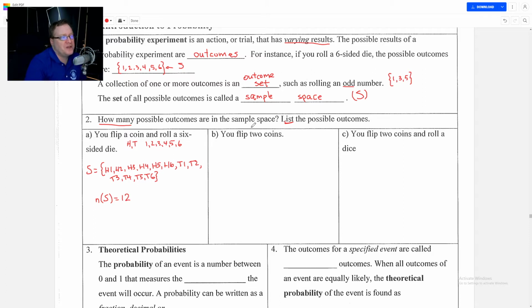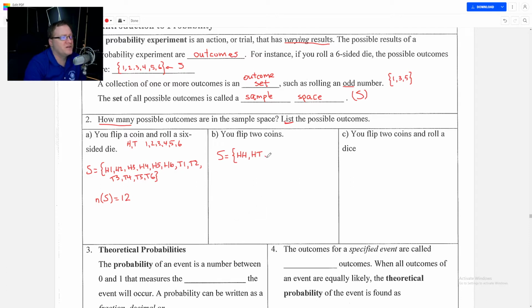Next, what if we flip 2 coins? Again, remember, a coin can just have heads and tails, H or T. So if we're going to write out our sample space for this, let's make a list. When I flip 2 coins, maybe one of the coins has a heads and the other coin has a heads. That could happen. Or maybe the first one has a head and the second has a tail.